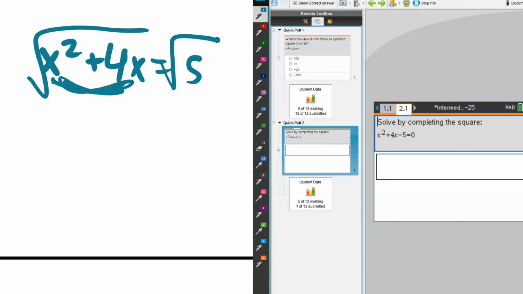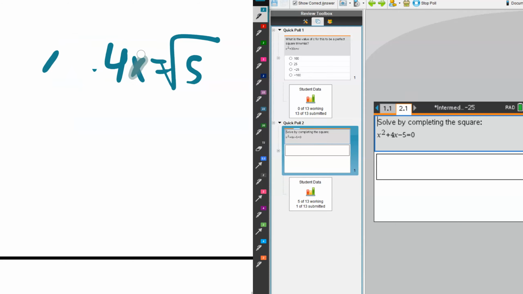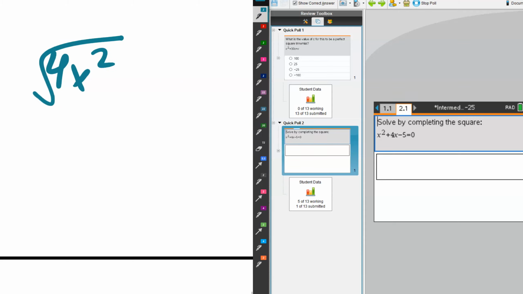Do we have a good reason why we can't do this? Because they're being added. I can't just willy-nilly square root and have this be x. If this was 4x squared, then I could square root it and it'd be 2x. So then how do I get out of this? Completing the square.